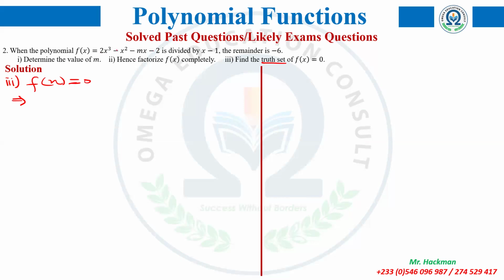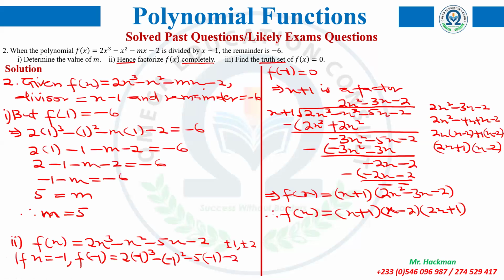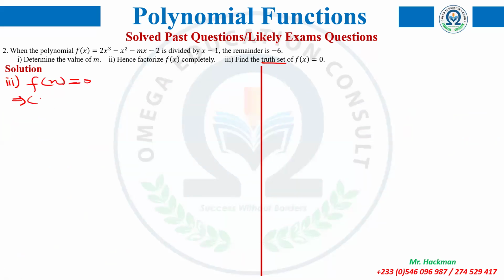So instead of substituting the unfactorized form of f of x, we'll substitute the factorized form, which gave us x plus 1, x minus 2, then 2x plus 1. So that's what we are going to write there. I hope you are following.